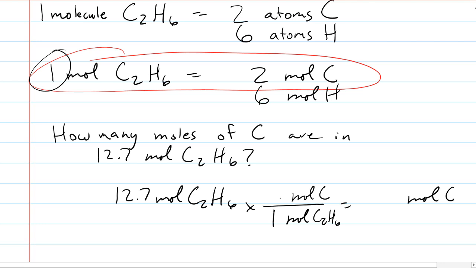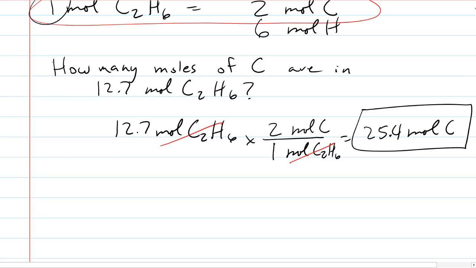And the number that goes on the top is going to be 2. It's that simple. It's a molar ratio. So these are going to cancel out. We'll take the 12.7, multiply it by 2. When we do that, we wind up with a result of 25.4 moles of carbon.